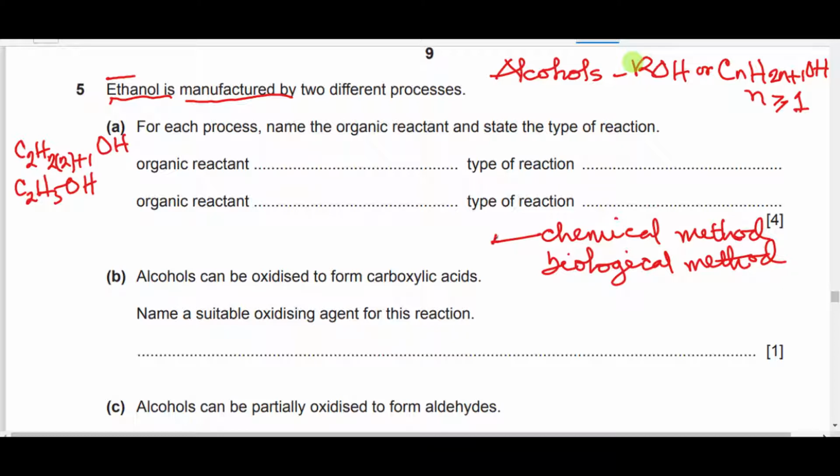Now the chemical method involves the hydration of ethene. Ethene is an unsaturated hydrocarbon. So the hydration of ethene, that's addition of water molecules to ethene, will give us ethanol.